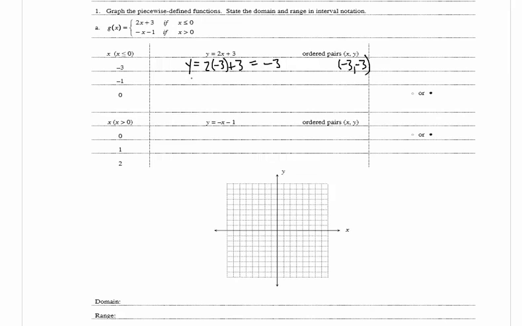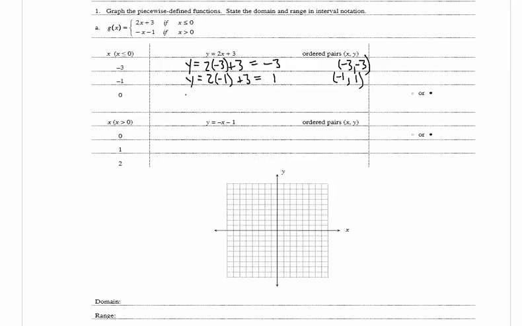If x is equal to negative 1, then y is equal to 2 times negative 1 plus 3. And 2 times negative 1 is negative 2, plus 3 is 1. So the ordered pair negative 1, 1.